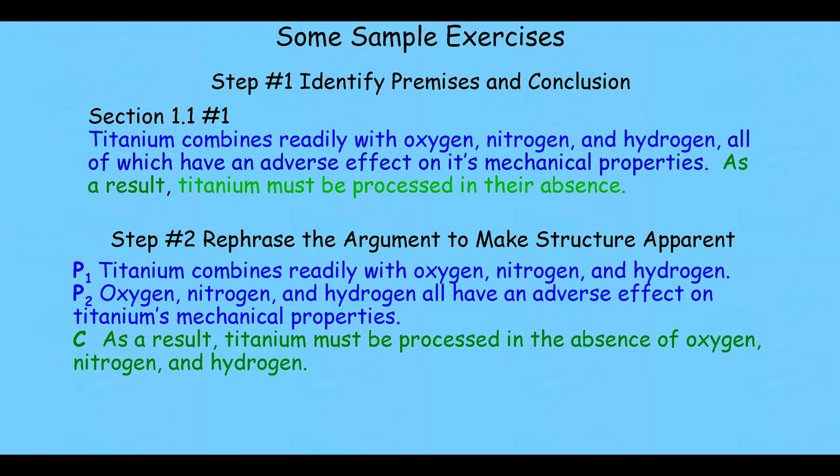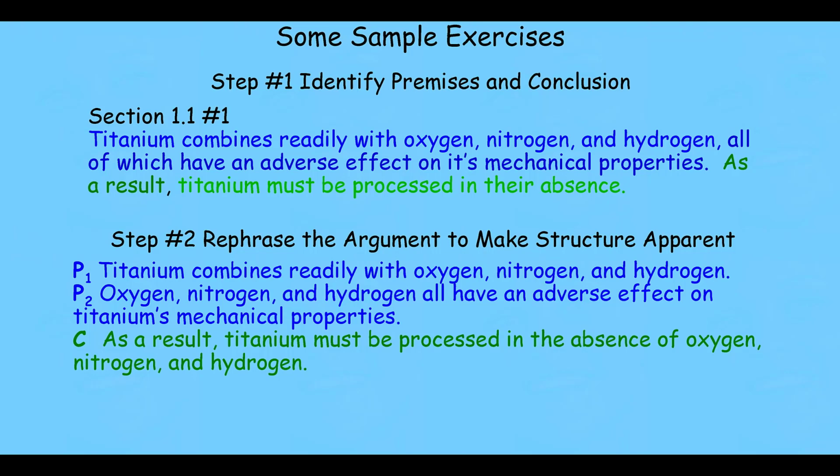So my second premise says oxygen, nitrogen, and hydrogen all have adverse effects on titanium's mechanical properties. Therefore, as a result, titanium must be processed in the absence of oxygen, nitrogen, and hydrogen.